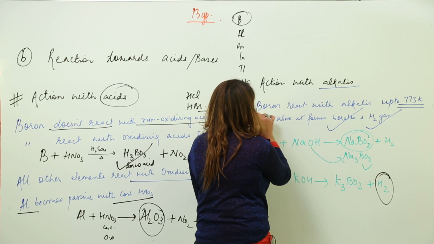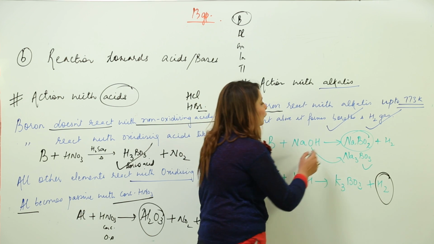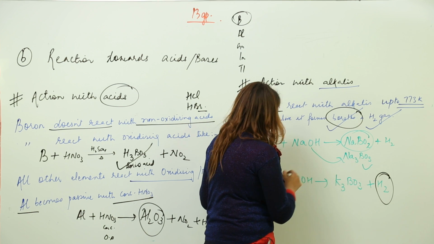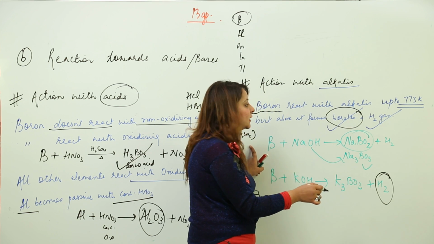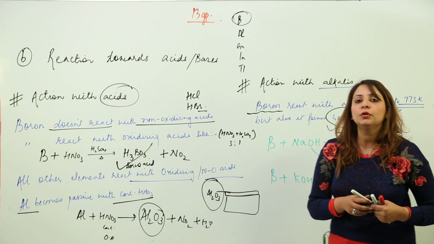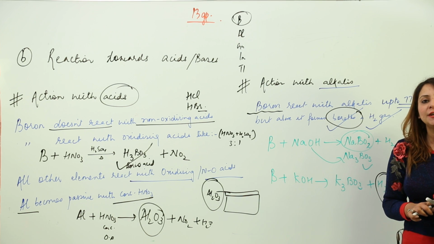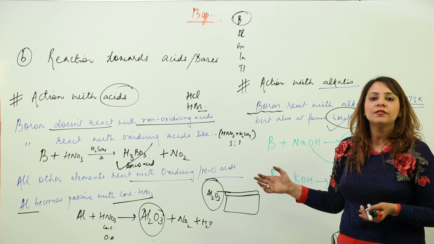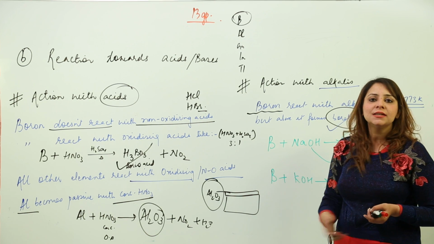And with alkalis, boron forms its borates: with sodium it forms sodium borate, with potassium it forms potassium borate. So boron with alkalis forms its respective borates and hydrogen gas. This is all about the reaction of 13 group elements towards acids and bases.